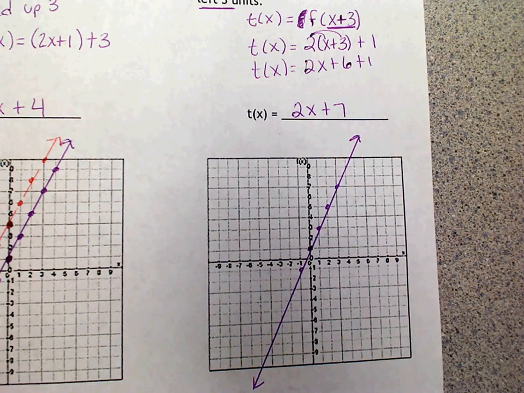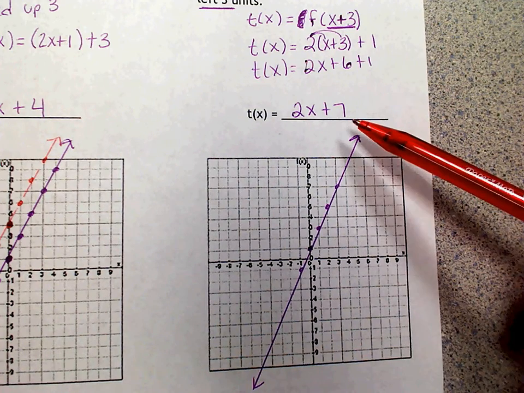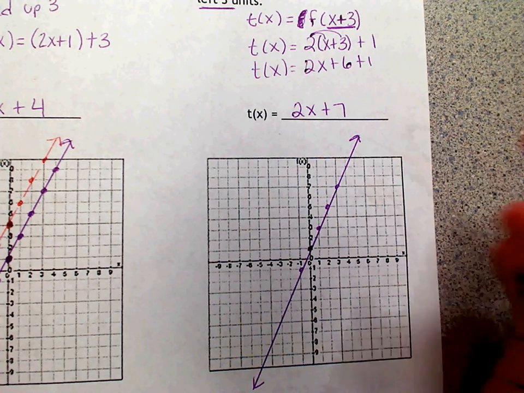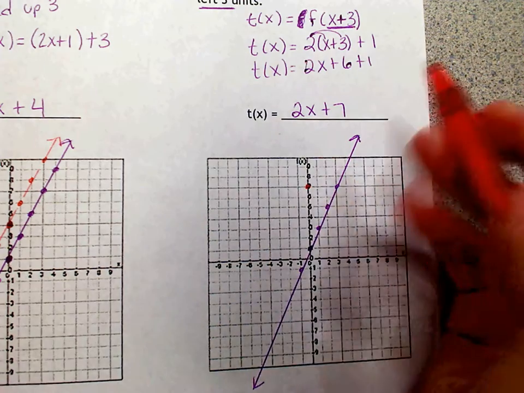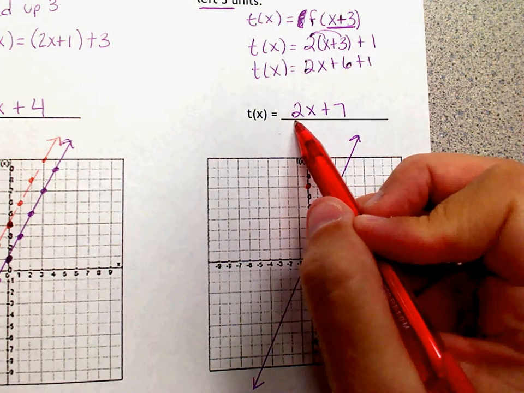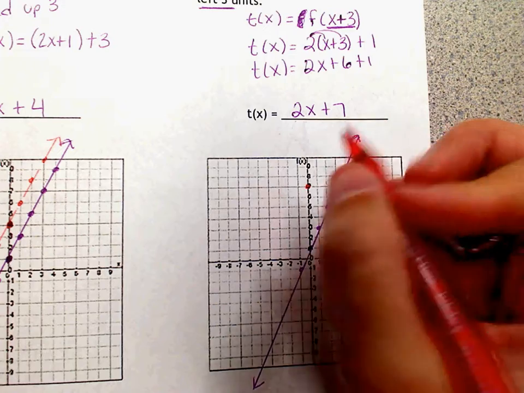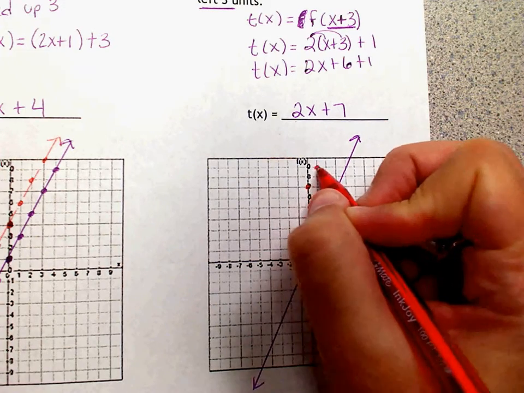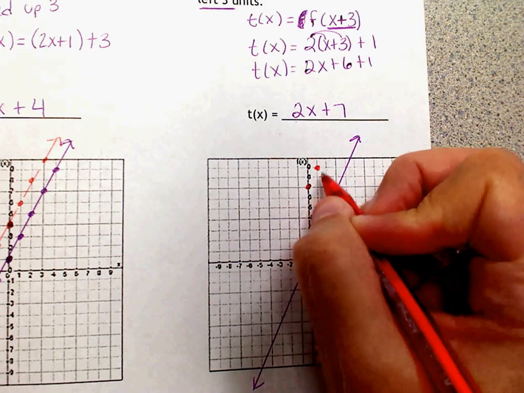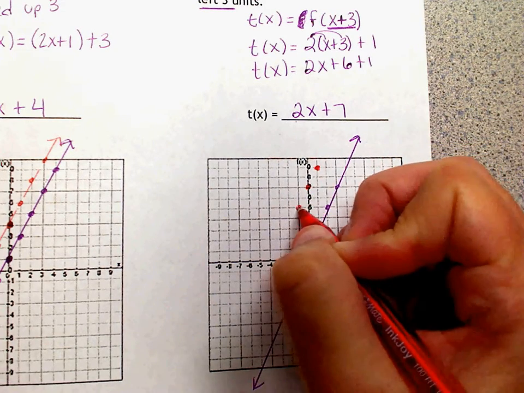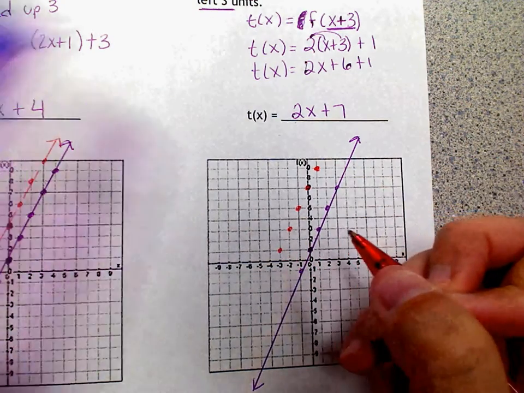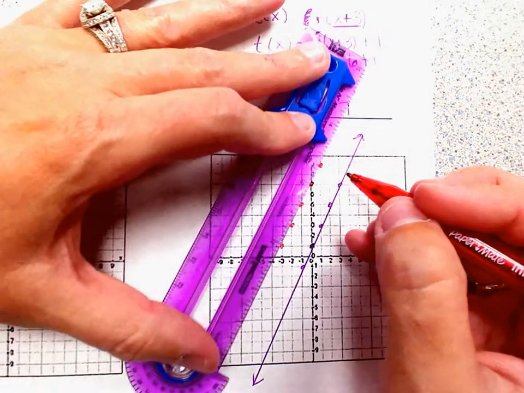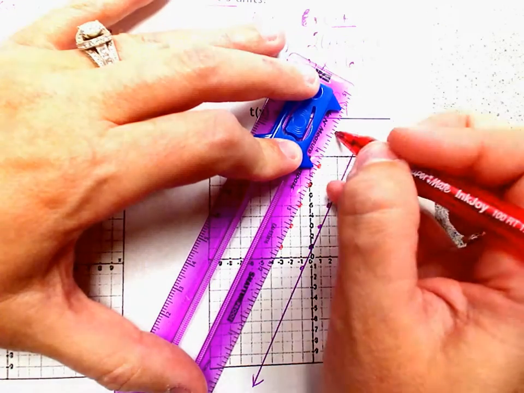So where does this one start at? Positive 7, which is right here. And we're going to go up 2 over 1. Same thing, up 2 over 1. And I run out of room, so I'm going to go the other direction, down 2 to the left 1. And again, I don't need to do all the points, and I'm just going to make it dashed.